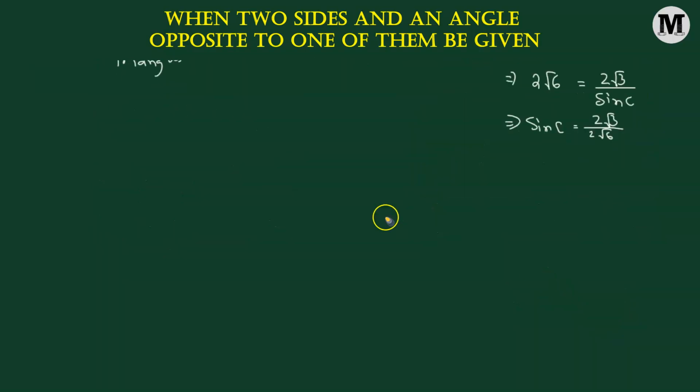Let's further simplify. Sine of angle C is equal to, the 2 and 2 get factored out, and we are left with 1 over square root of 2.